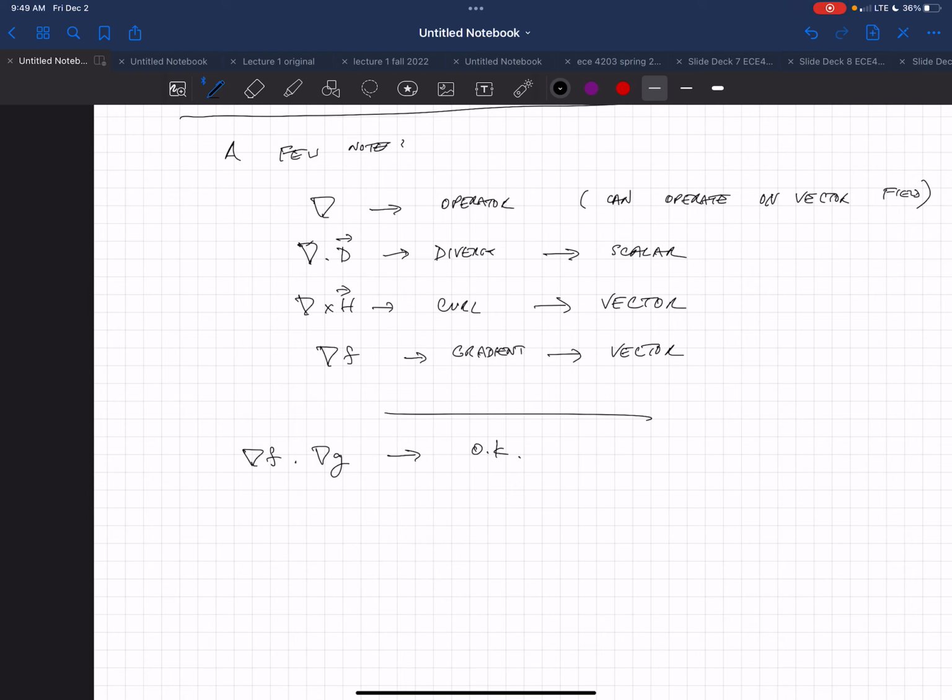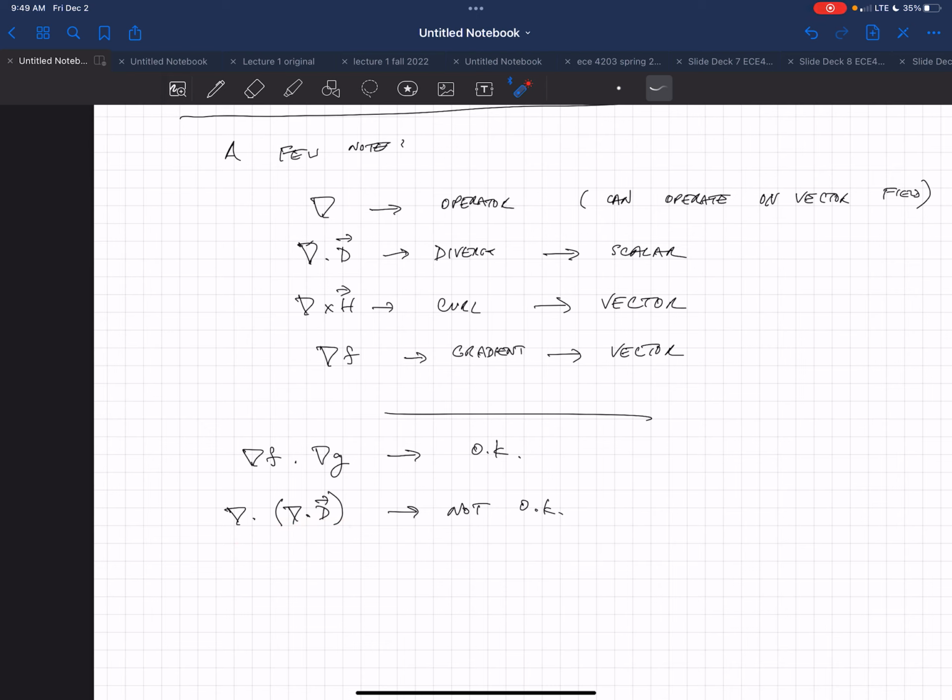But the divergence of a divergence is not allowed, because the output of a divergence operation is a scalar. So this will be a scalar, and you can't do the divergence of a scalar.